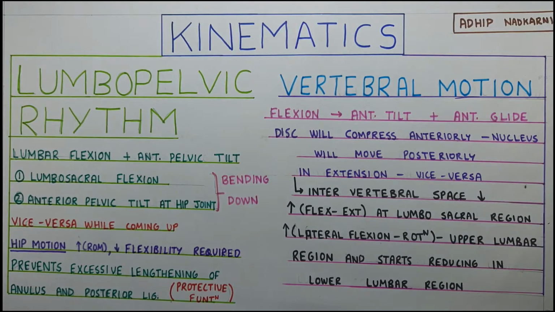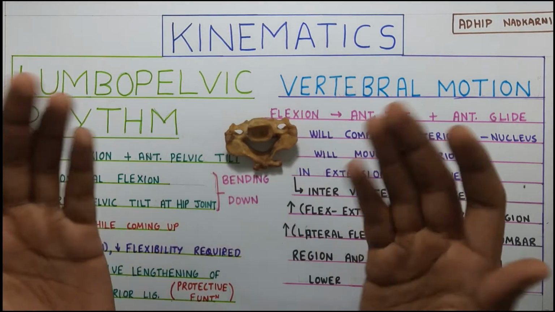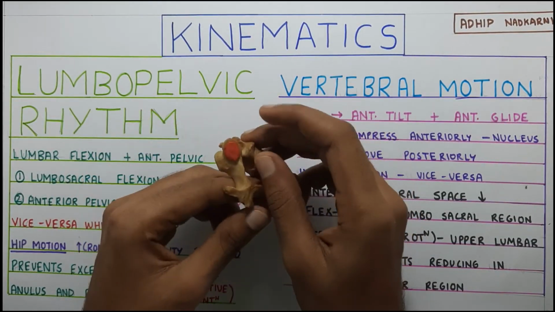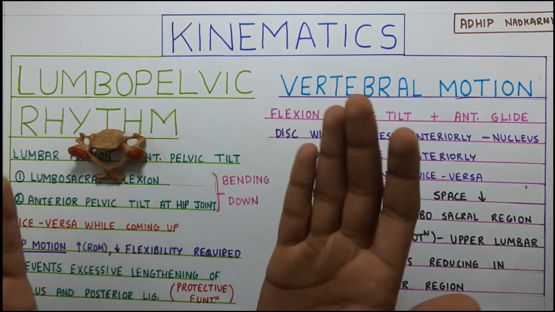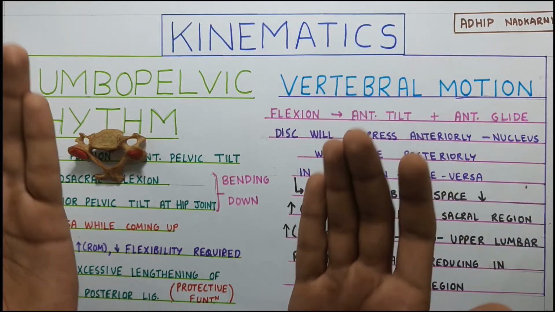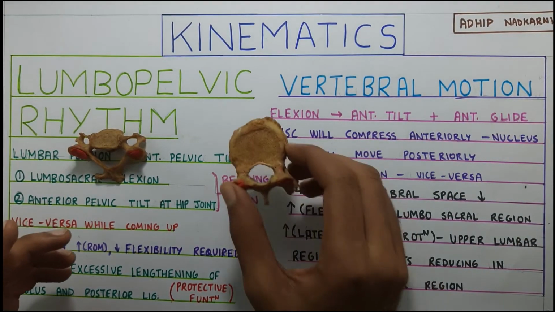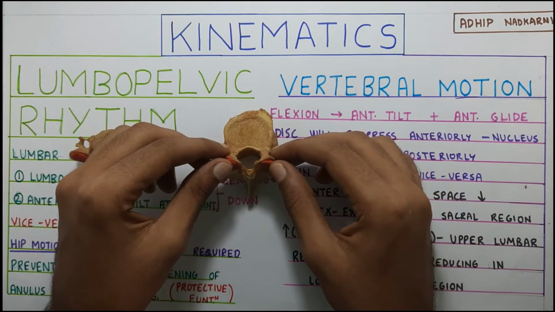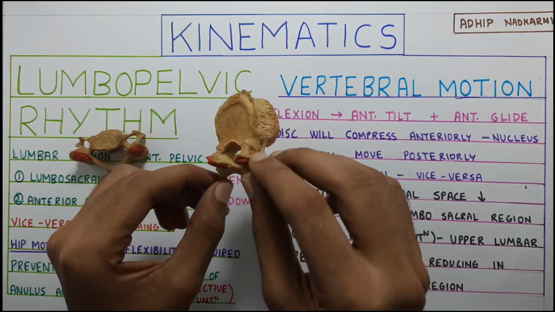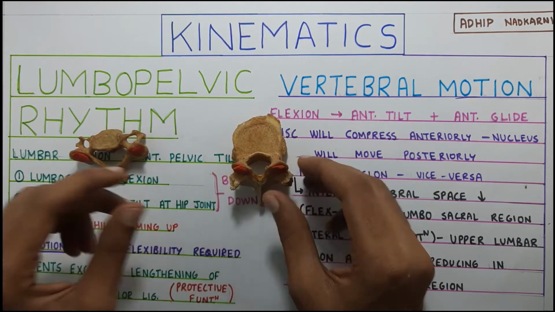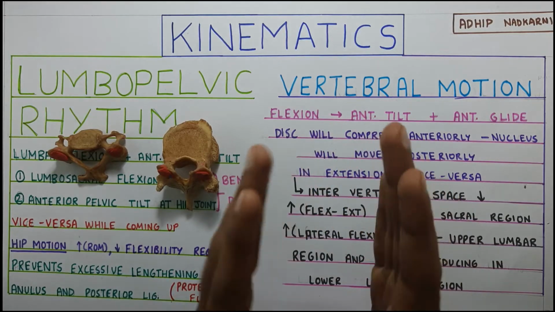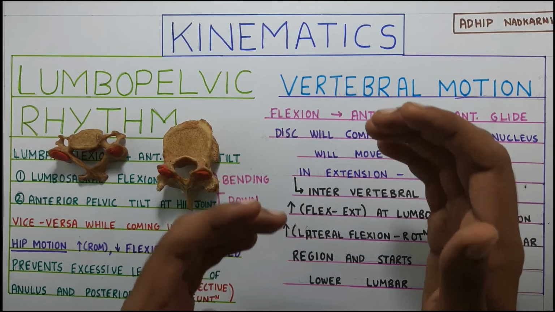Basically, the orientation will start with the transverse plane, where the cervical will have transverse plane orientation like this, right? Where the rotation will be more. Then as you come down, there will be the thoracic, which will have frontal plane arrangement of the facets, which will improve your lateral flexion and some amount of rotation. As you keep going down from thoracic, the lower thoracic will have more flexion movement compared to rotation.